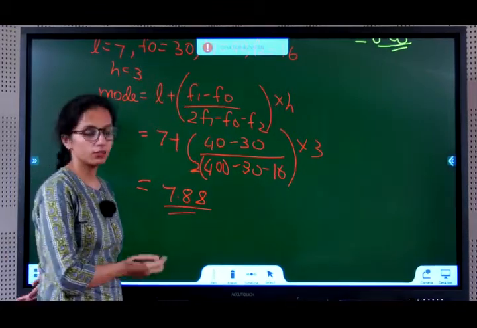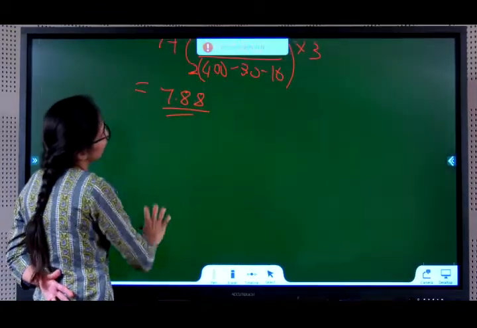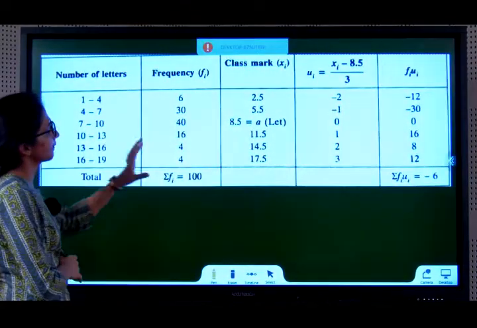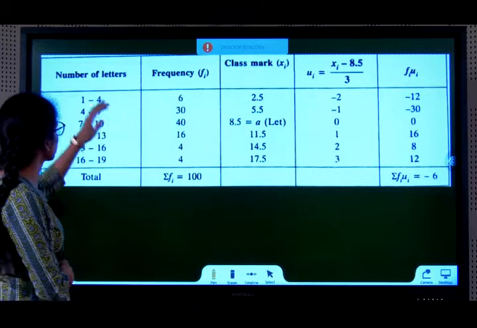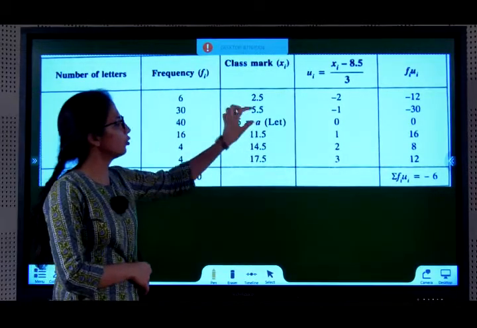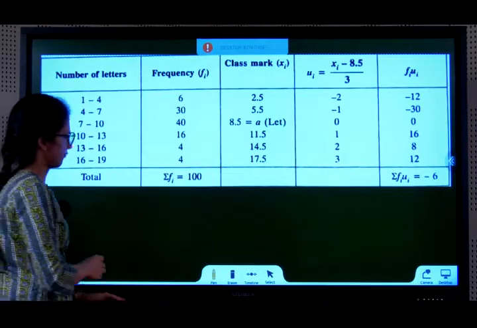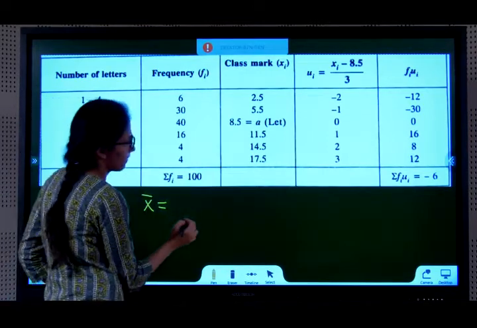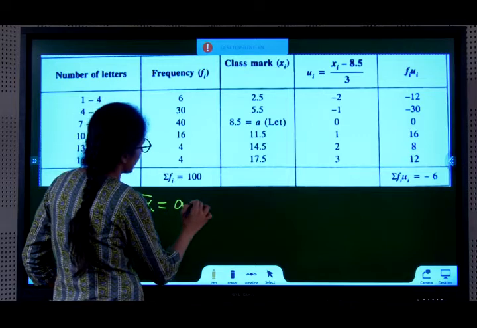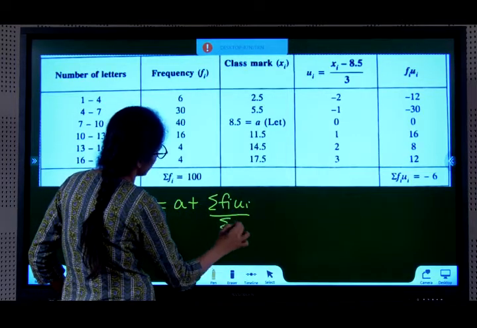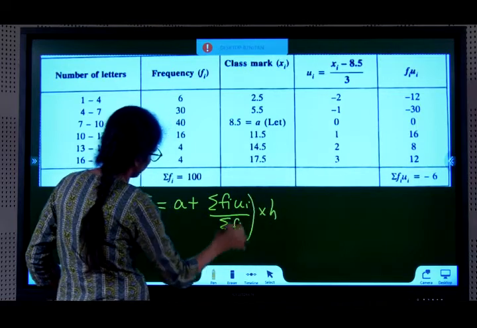Now we go in for the mean. In order to find the mean, use the standard deviation technique. Draw the table. We shall see if our tables match. So we get this table. I hope all of us have got the same table. Since there are 6 classes, there are 2 middle values. Choose the upper one, 8.5. Substitute x bar is equal to a plus summation fi ui by summation fi into h.